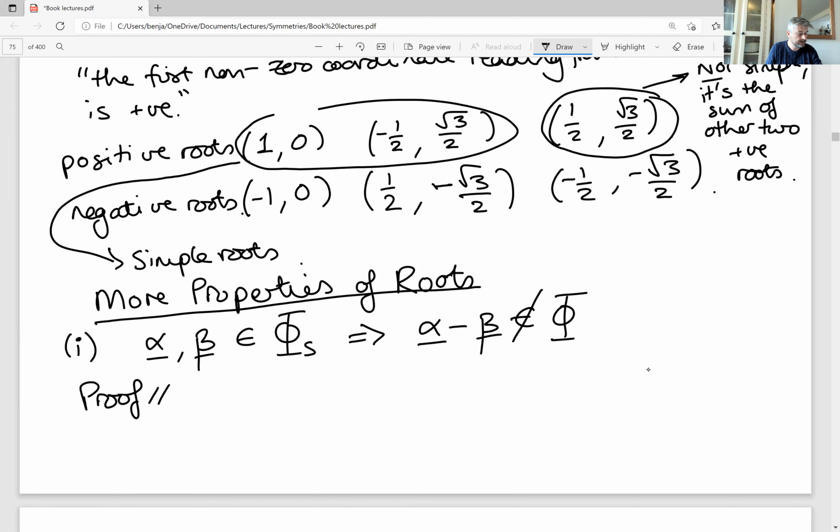To prove this, let's suppose the opposite and then prove a contradiction. Let's suppose that alpha minus beta is in the root set. So alpha minus beta has to be either a positive root or a negative root, and we're going to cover each case in turn.